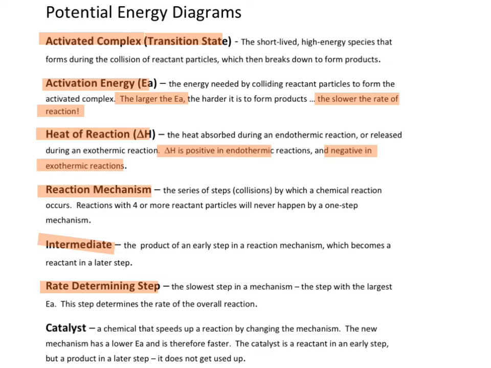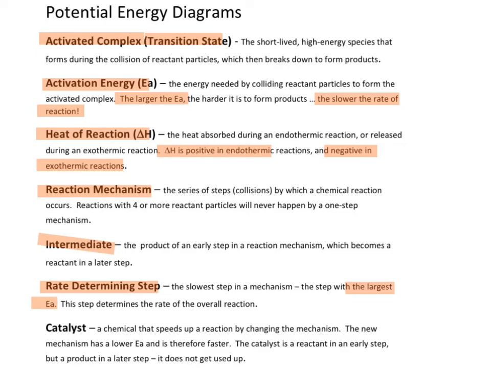That step will slow down the entire process. So the slowest step in a mechanism determines the rate of the overall reaction, so it's called the rate-determining step. As we saw earlier, the larger the EA, the slower the rate. So the rate-determining step is the step that has the largest activation energy.